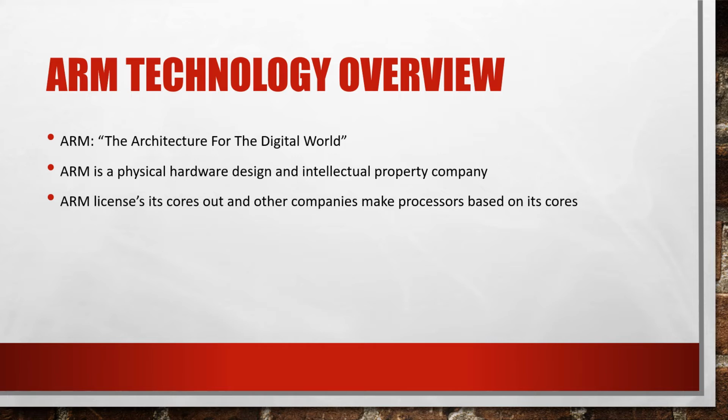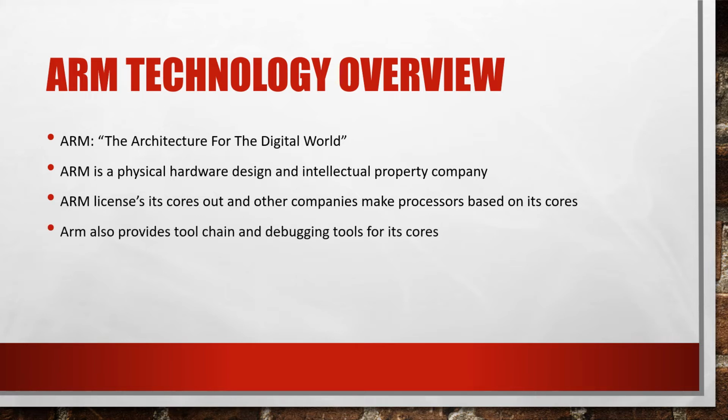ARM licenses its cores out and other companies make the processors based on them. It means you can use my design, but you need to build your component, your hardware, on your own. You only purchase the license for each company that wants to use ARM.